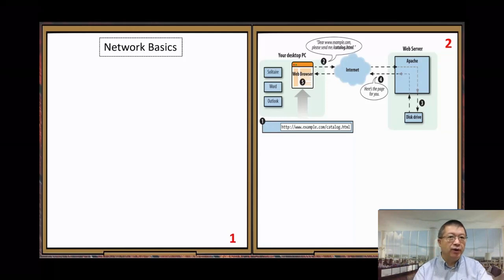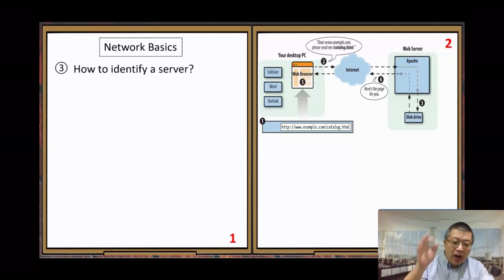But here, let us look at a little more. Mainly, we will want to look at the network related information.